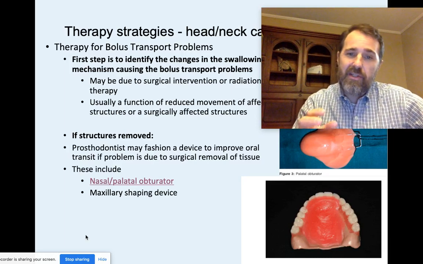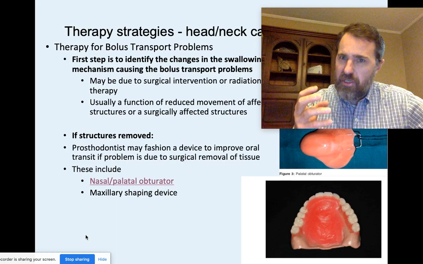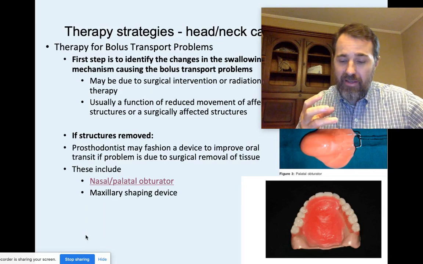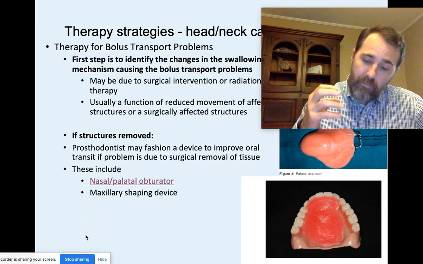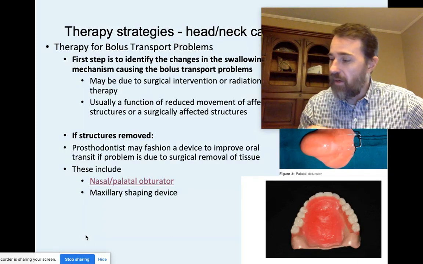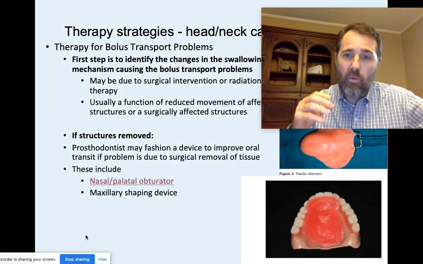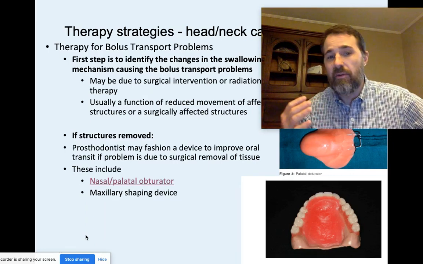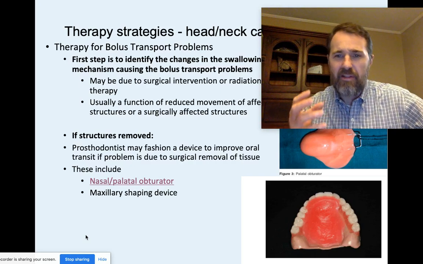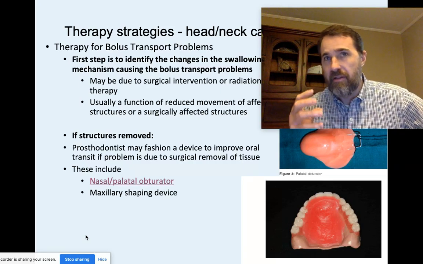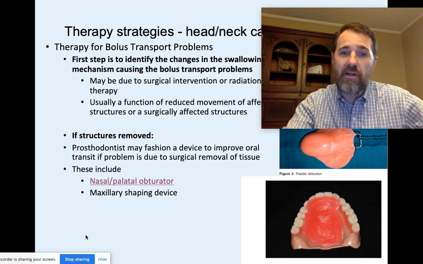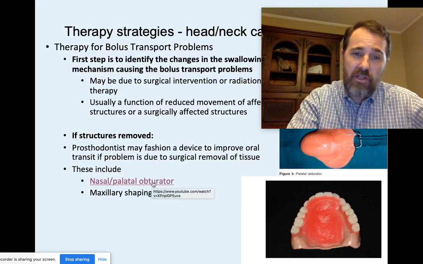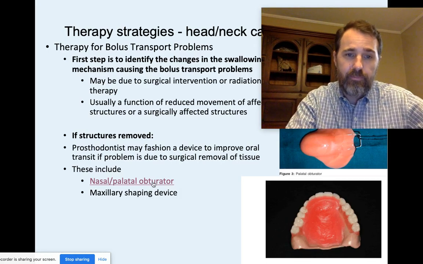So for those patients that have had tissue removed and there's now a lack of that in the oral cavity, potentially a lack of hard palate or soft palate, there is what's called a nasal or palatal obturator. Basically this is exactly what it sounds like. This is a prosthetic that goes in and plugs that specific hole that has been left by the removal of tissue by the surgeon.